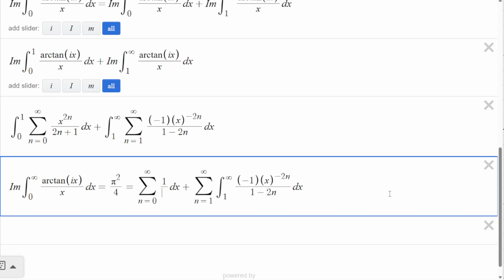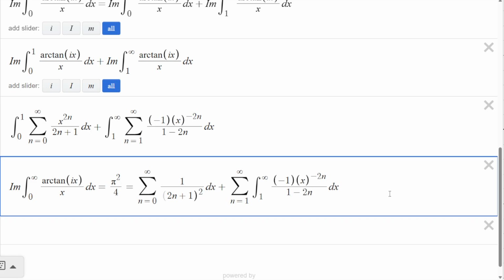So that's 1 over 2n plus 1 all squared. Okay, now this one is a little bit more difficult. Let's clean it up a little bit.